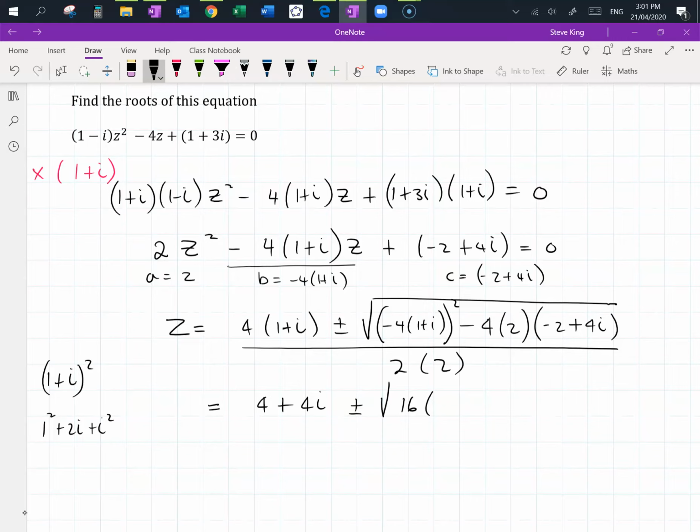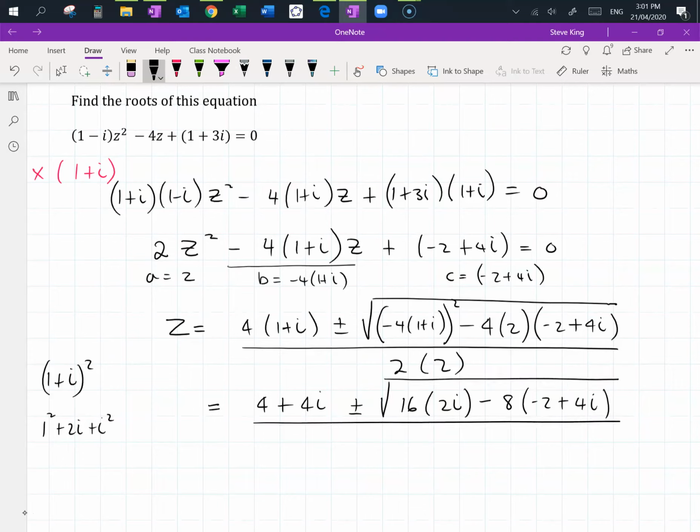So all I'm going to be left with here is 2i, minus 8 times minus 2 plus 4i. And all of that is going to be divided by 4.